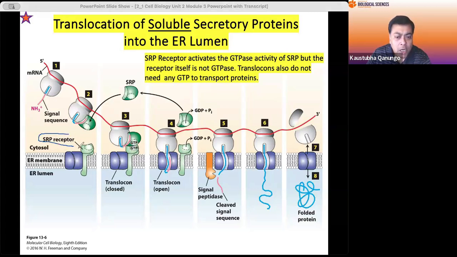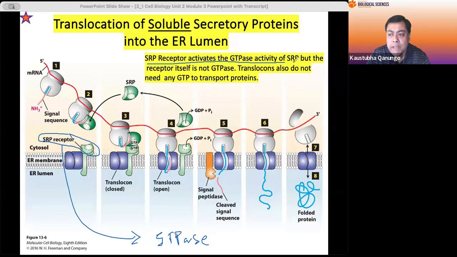The SRP receptor is not a GTPase. It doesn't contain or bind to any GTP. The SRP receptor activates the GTPase activity of the SRP, but the receptor itself is not a GTPase. The GTP is bound to the SRP always. The SRP receptor only activates it.